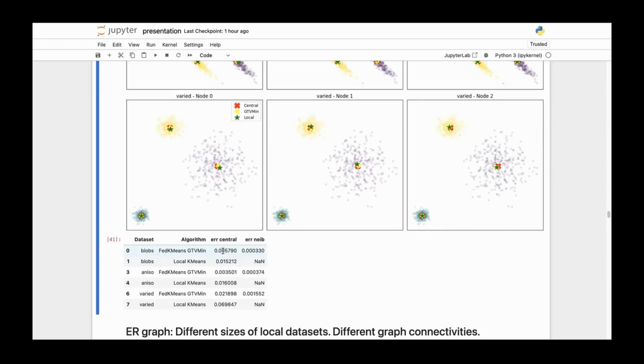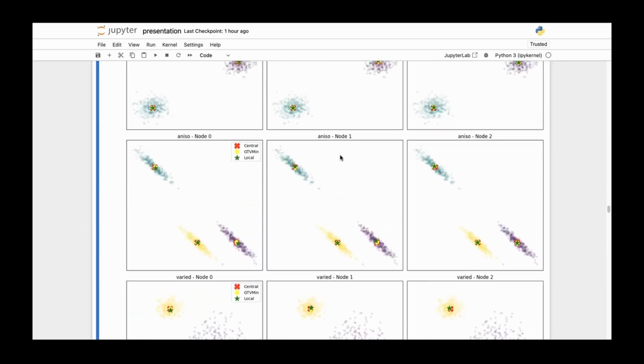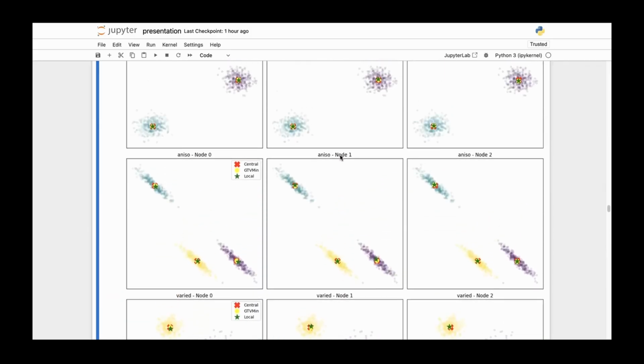So this value is smaller than this value, which means that our method derives centroids closer to the central solution. And that answers the question. Our consensus term is working.